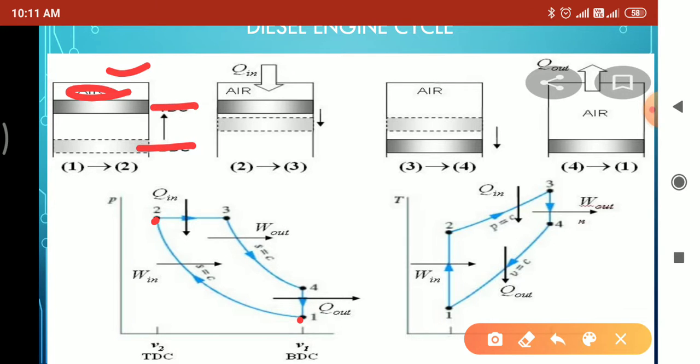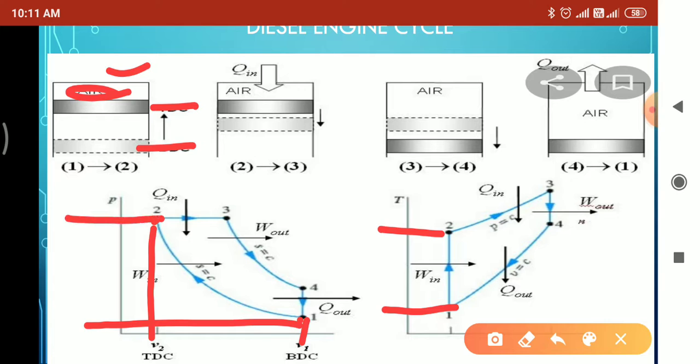The air is compressed, which means volume decreases, pressure increases and temperature also increases. See here in the TS diagram, temperature increases from T1 to T2, volume decreases from 1 to 2, and pressure increases from 1 to 2.